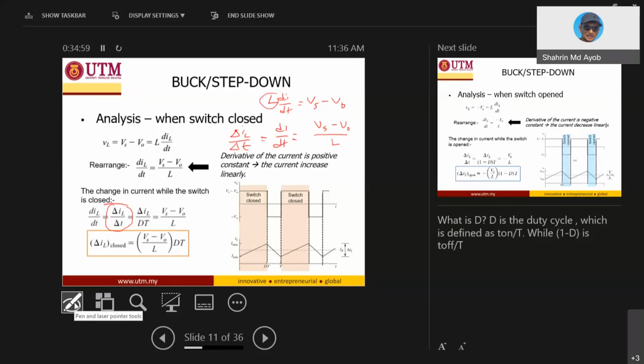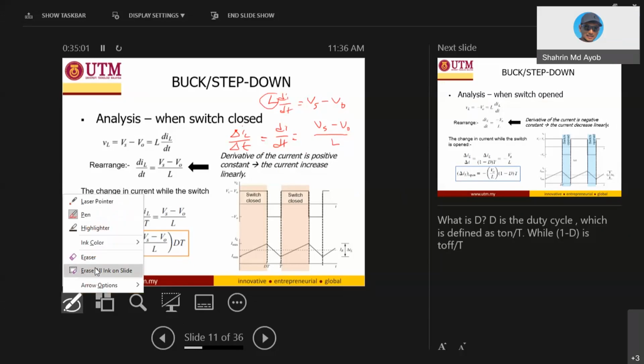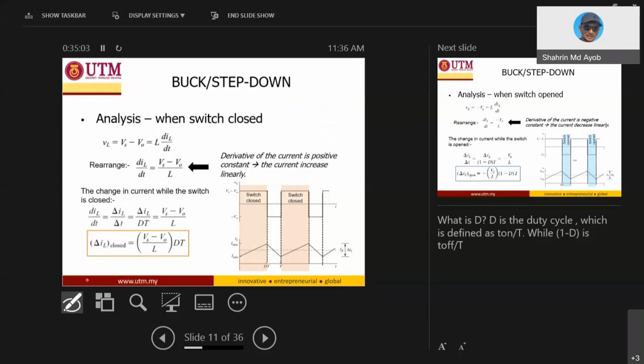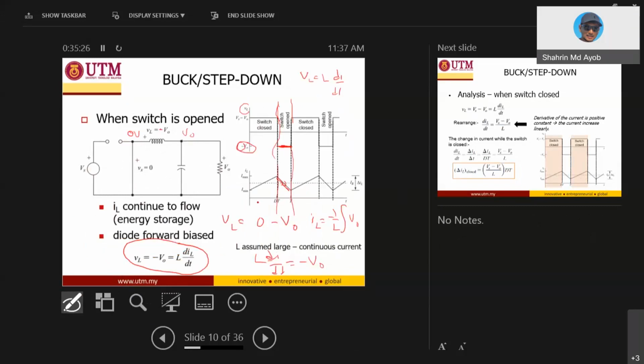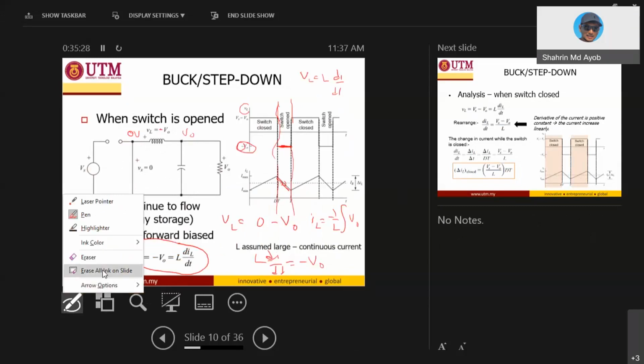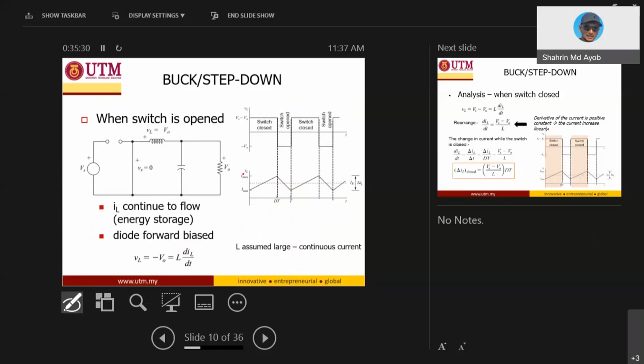So right now, for the switch on, if I draw here, this is actually your change of IL. If I refer here, this is your current IL.